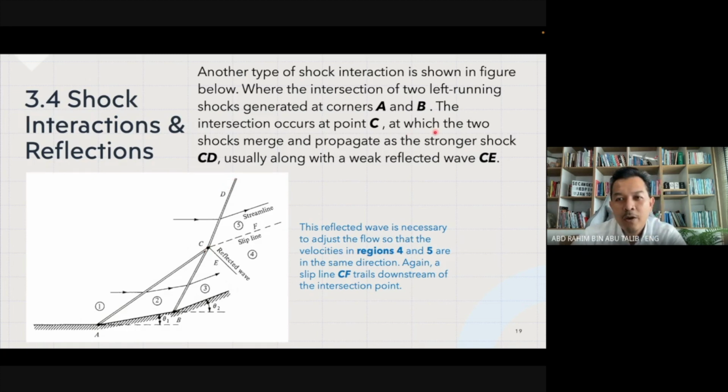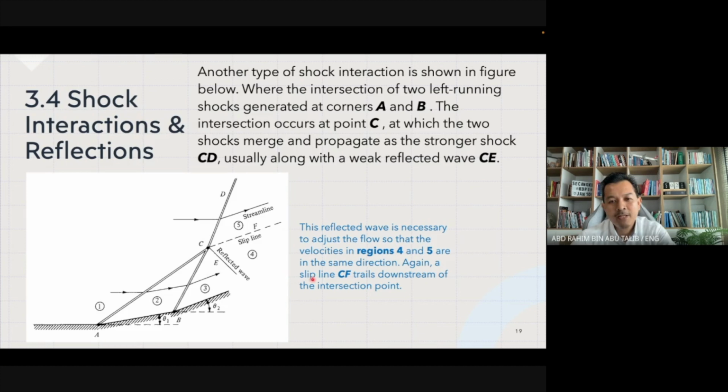Where the two shocks merge and propagate as the stronger shock CD, usually along with a weak reflected wave CE. CE is over here, the reflected wave. This reflected wave is necessary to adjust the flow so that the velocity in regions 4 and 5 are in the same direction.